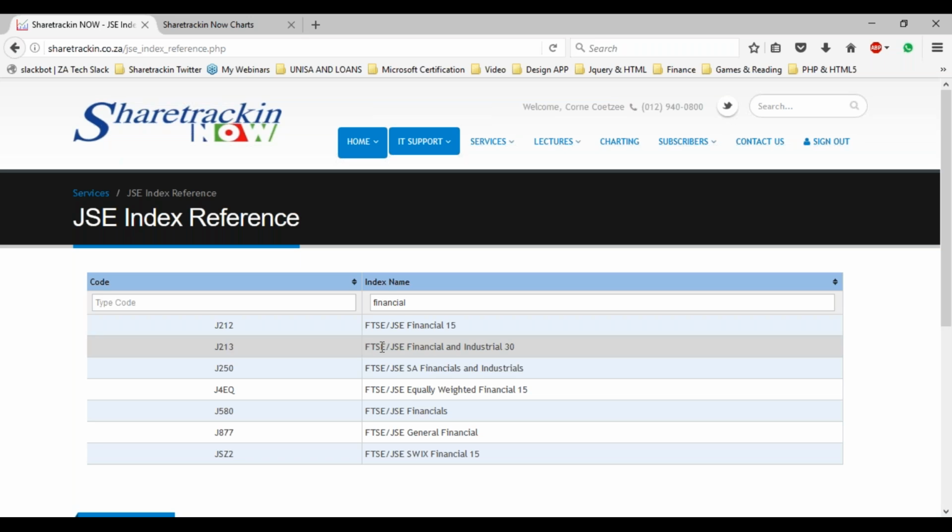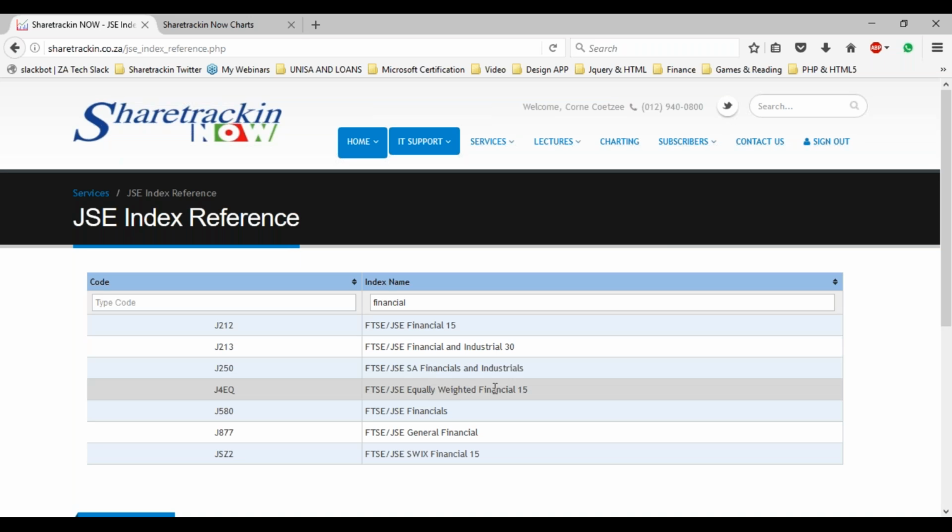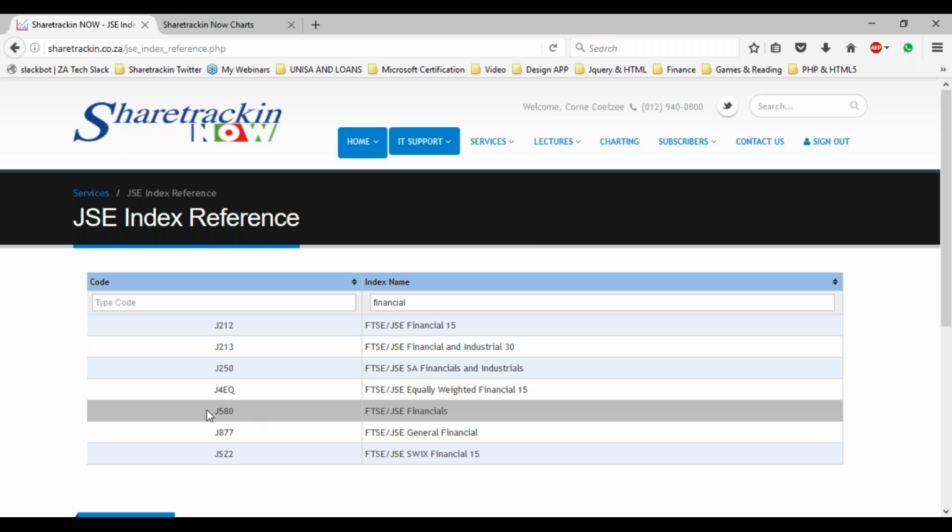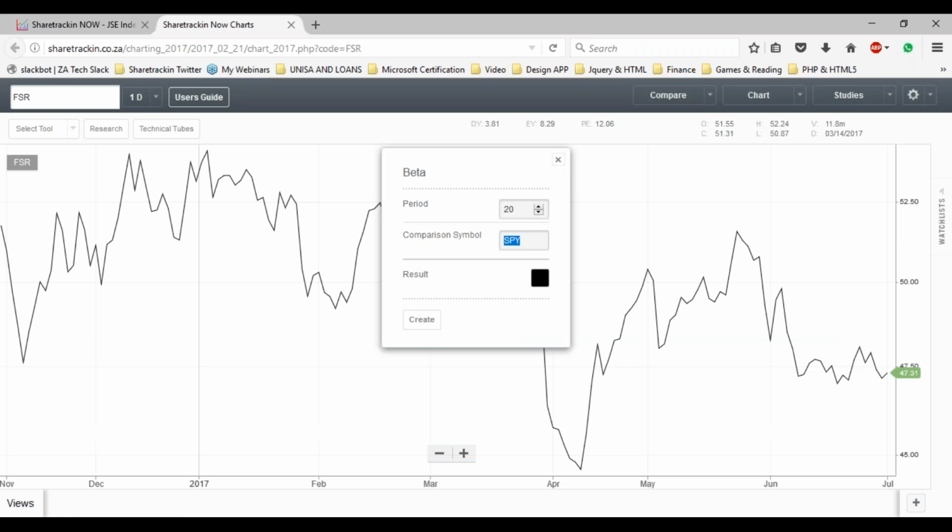Now, what you can do is there's a bunch of financial things that you can look at, but let's say, for instance, you just want to look at the overall financial group, and the overall financial group is the J580. So the J580 or 580. So you take that, you go to your chart, and you put it where it says the comparison symbol, to what do you want to compare its share to.